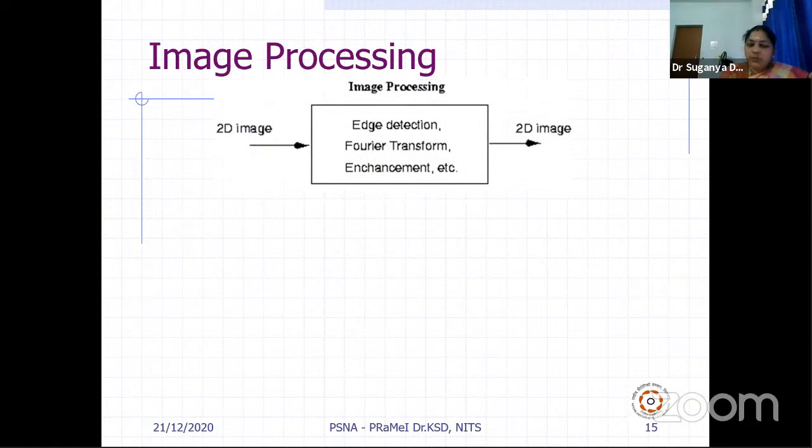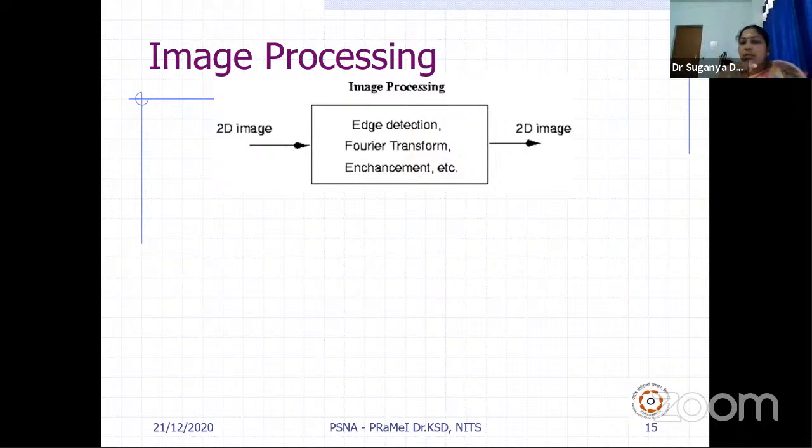So coming to image processing, it is very simple. The 2D image I am feeding, I will be getting back the same 2D image only in case of image processing. You all know what is image, what is graphics, and what is computer vision. I am going to tell only the difference of these three things, not going in depth in everything.